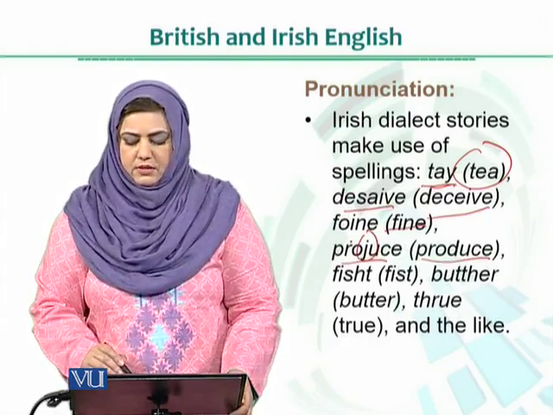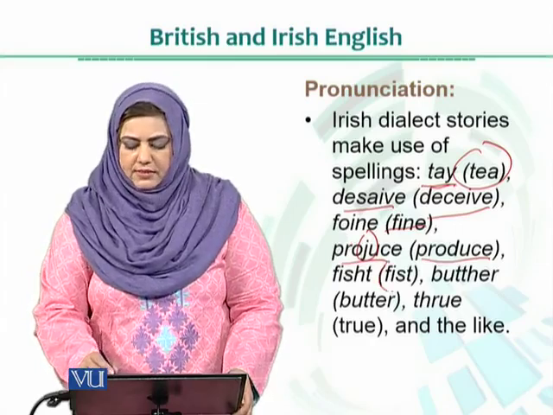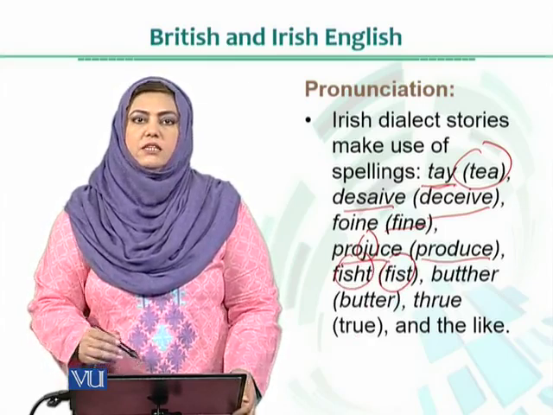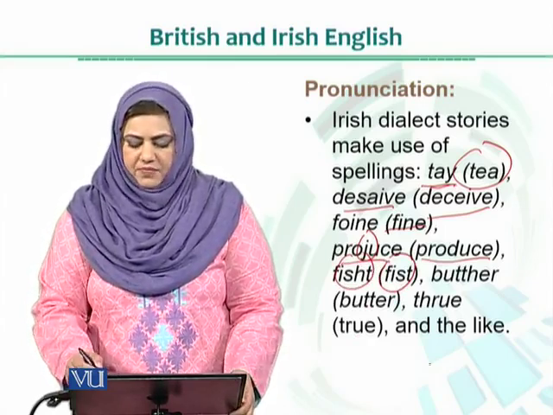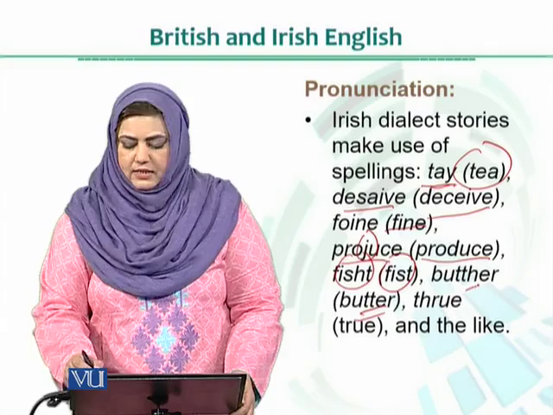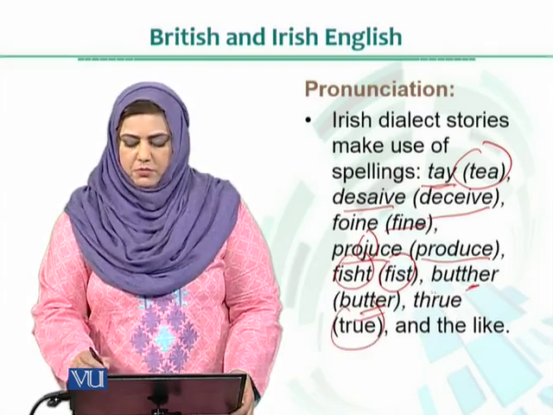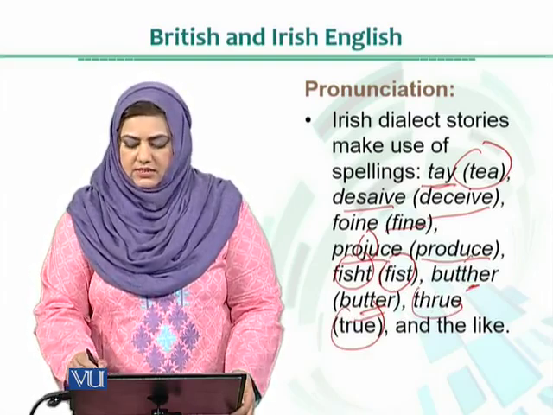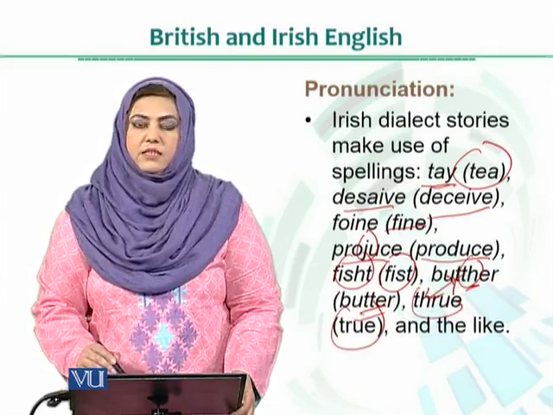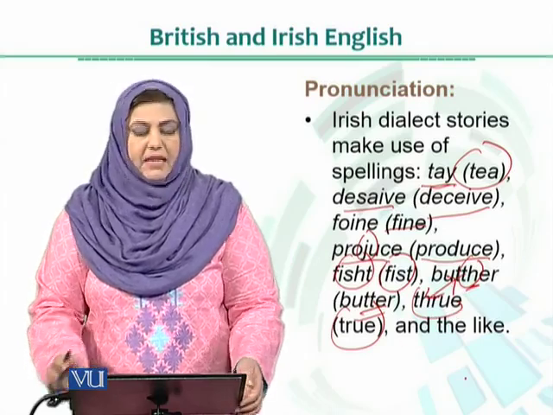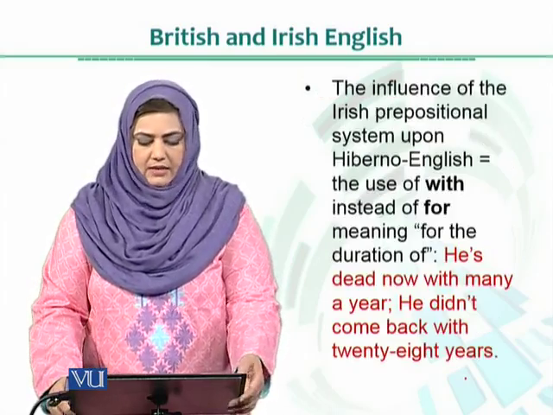Notice the difference. For fist, the spelling is fist because it would also be pronounced like that. And butter, with this h, and true would be pronounced like true. This sound coincides with this one. Butter and true, and many more examples like that.